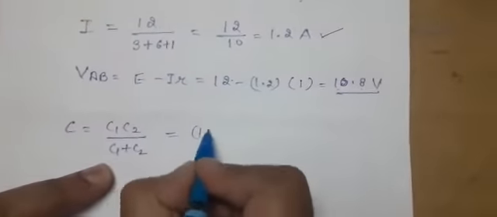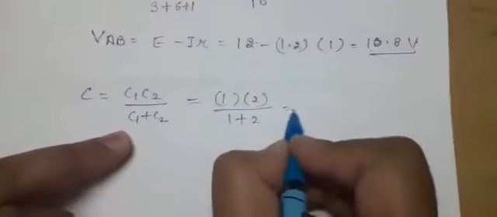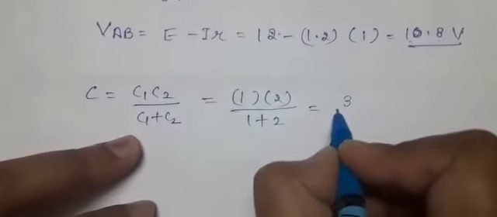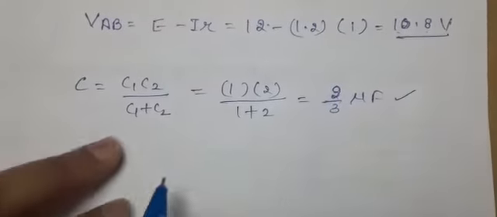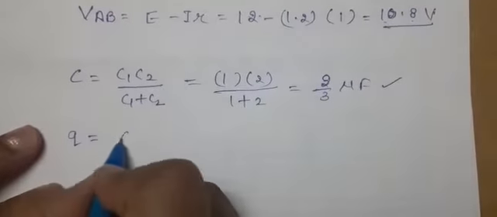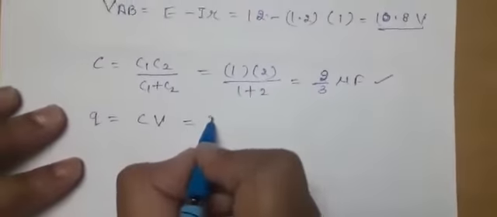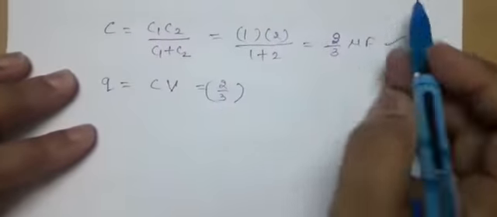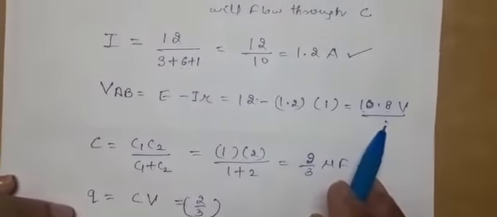Directly I am putting 1 into 2, obviously both are in microfarad, I am not mentioning it again and again. This is 2 by 3 microfarad. So charge Q will be C into V. Capacitance is 2 by 3 and the potential is 10.8 volt, because the potential difference between A and B is 10.8 volt.